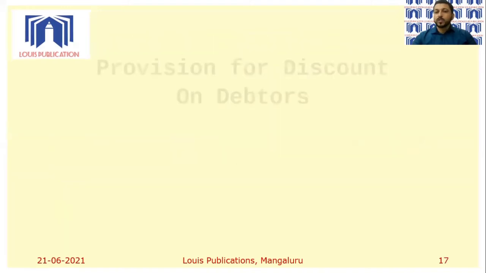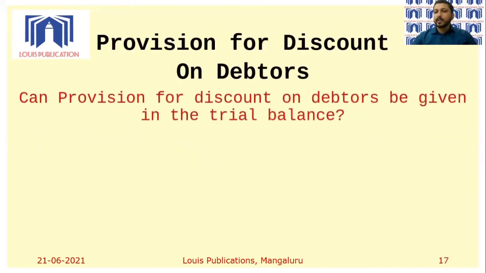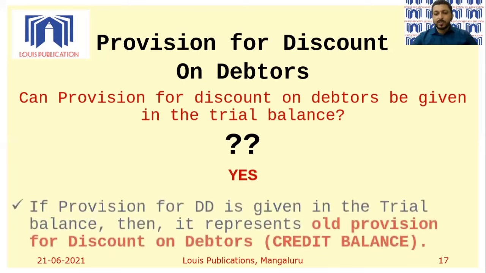Now an important question that we ask: can it be given in the trial balance? Once again, the answer is yes. Why yes? Like provision for bad and doubtful debts, if in the trial balance there is provision for discount on debtors given, that means it represents old provision, provision for discount on debtors created out of profits of the last year.